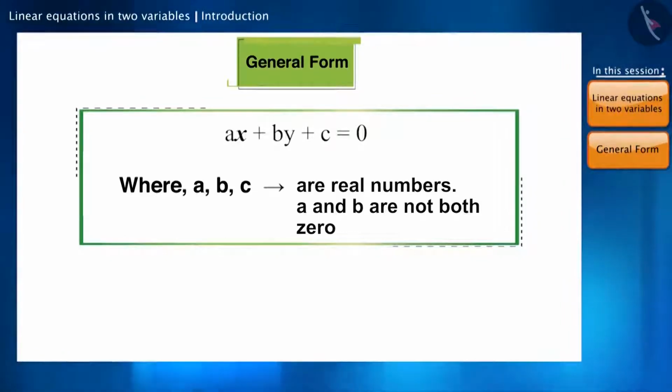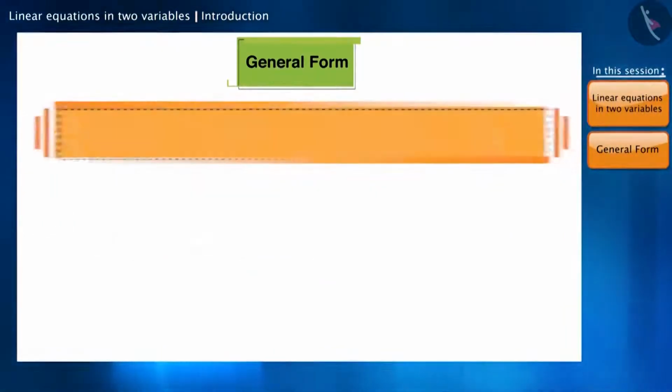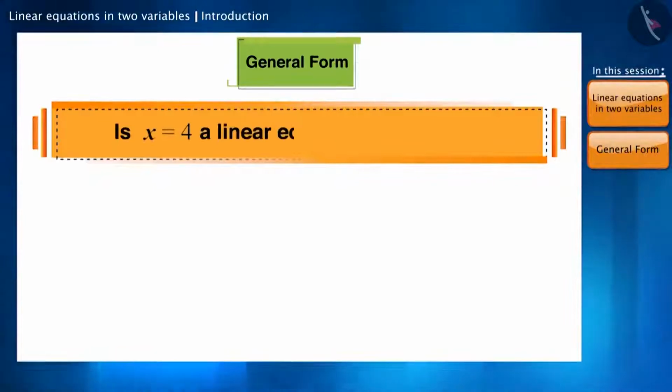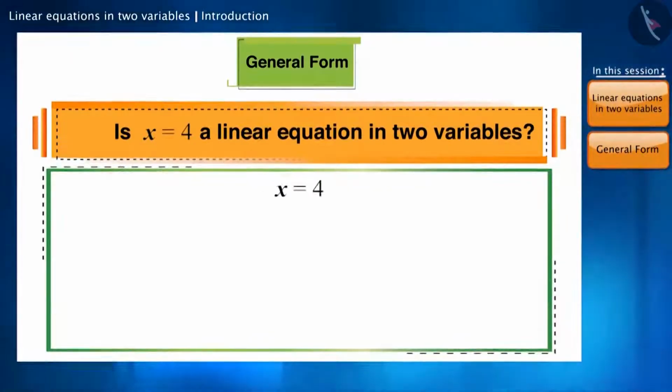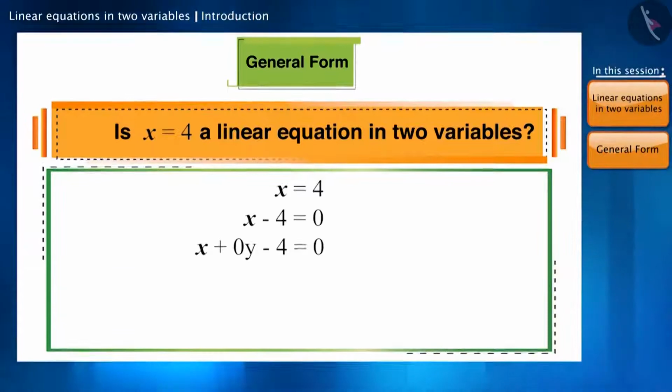Can you tell me why is this so? If both a and b become 0, both x and y term becomes 0 and we will be left with only a constant. Is the equation x is equal to 4 a linear equation in two variables? We can write it as x minus 4 is equal to 0 or x plus 0y minus 4 is equal to 0 as well.